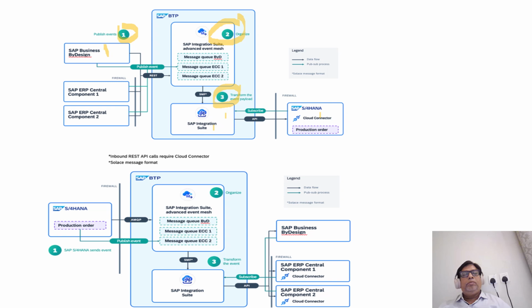And here, in this option, you can see that the inbound REST API requires a cloud connector. You can see the message format here. S4HANA is sending the event first, and then it will be sent via the published event and AMQP, and it will be organized in the BTP. Then it will be the SAP adapter, which will be sending, and finally subscribing by the business, or it will be ERP or the ERP components.